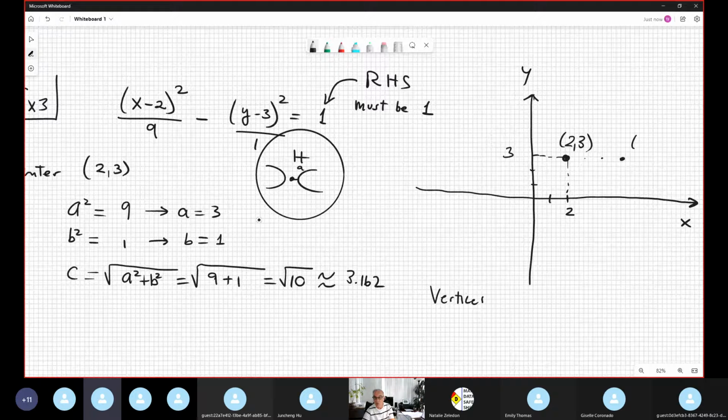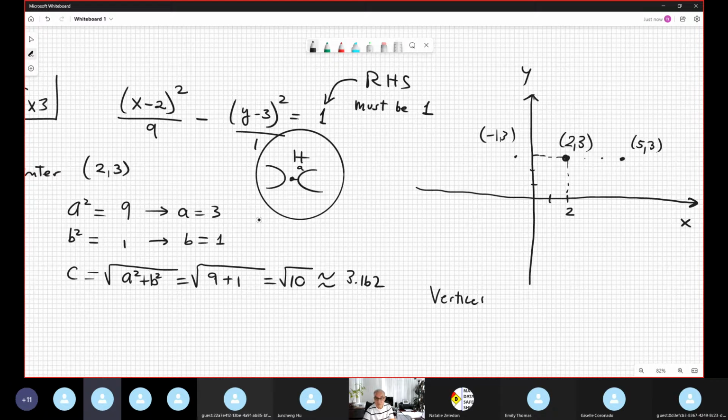Where does this 5 come from? 2 plus 3. In the other direction, 1, 2, and 3. This point is (-1,3). And what comes from -1? 2 minus 3 is -1.